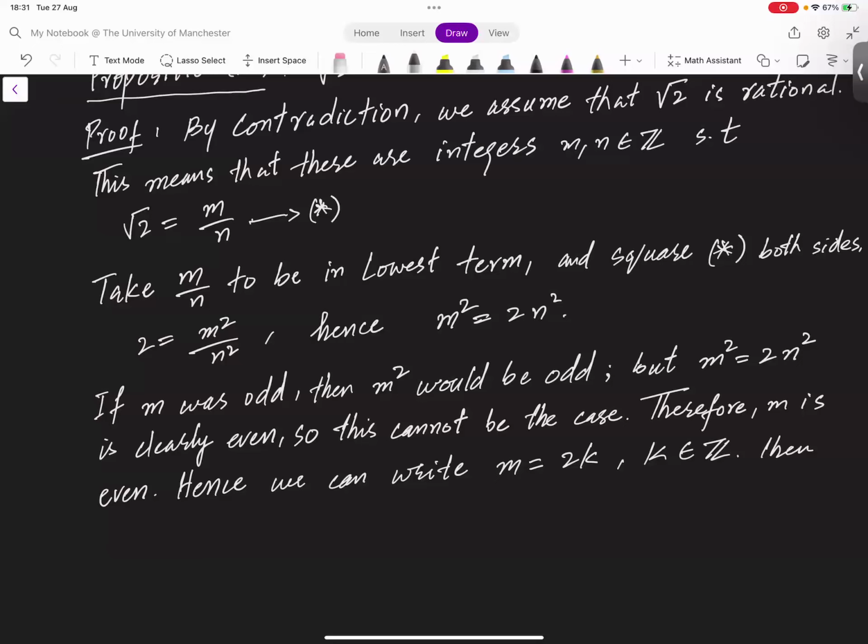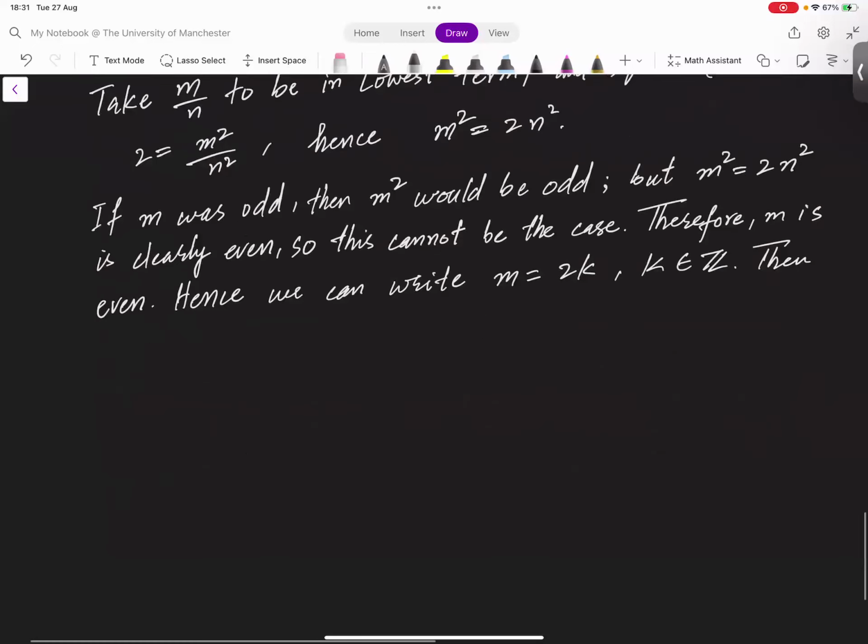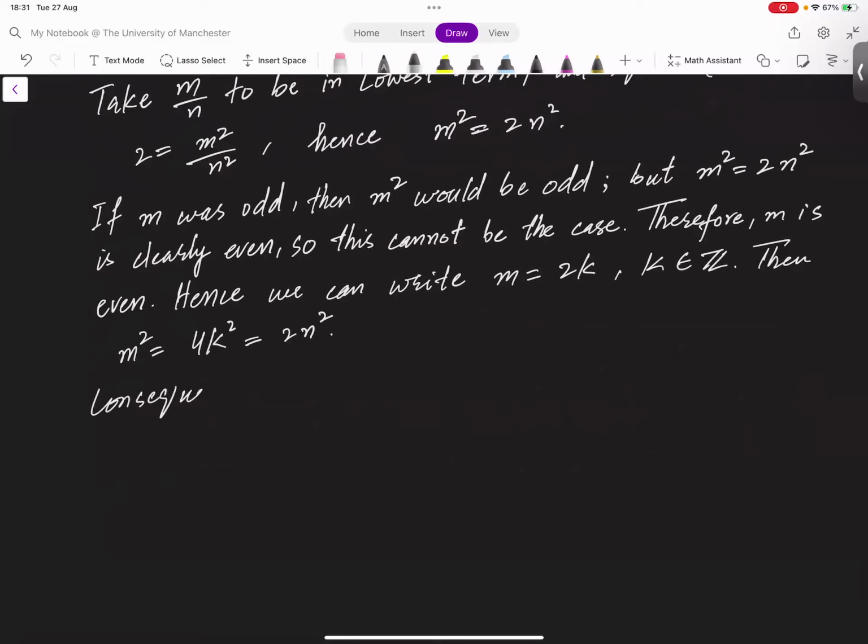Then m square is actually equal to 4k square, which is 2n square. Consequently, n square is 2k square.